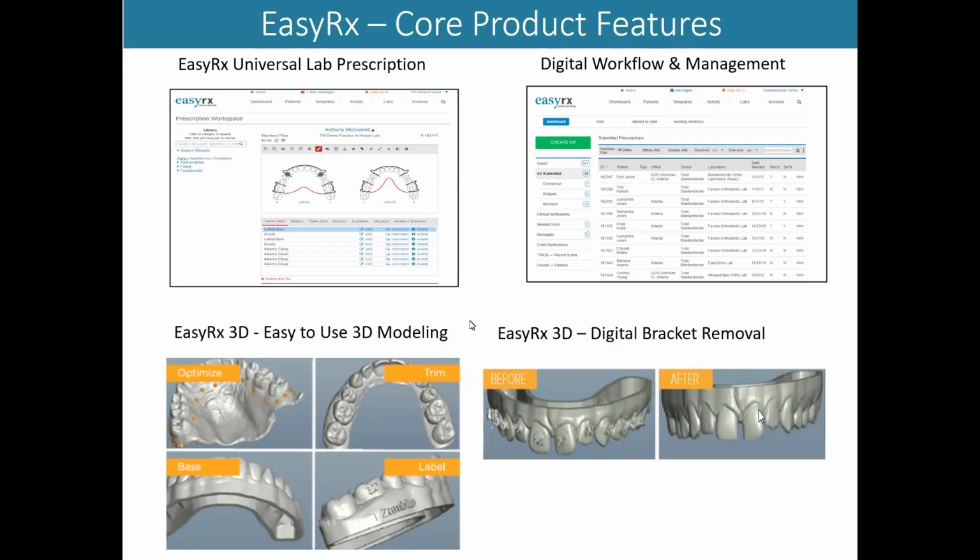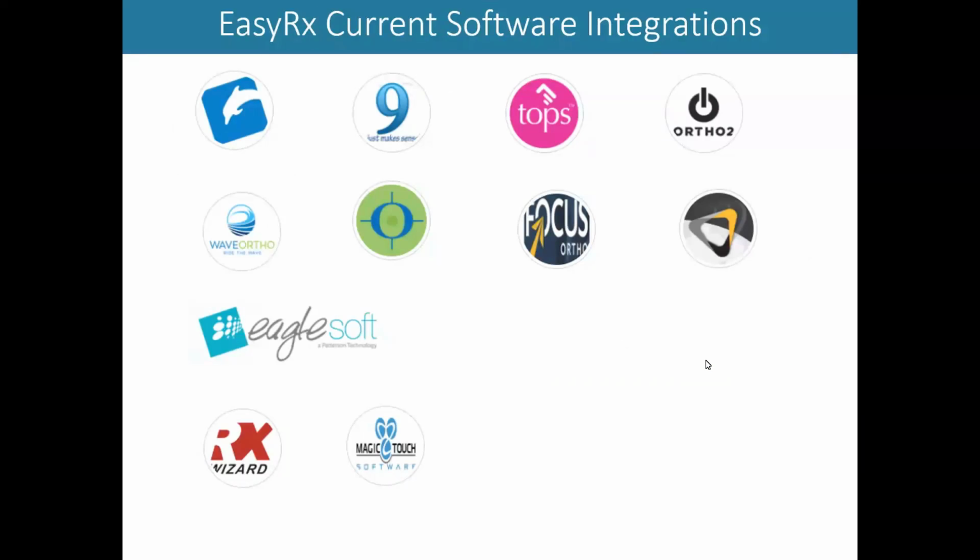We also have a really easy and powerful tool called EasyRx 3D that I think many of y'all are using that have joined, but figuring out how to use 3D software efficiently is not always an easy task. So we developed software to help you and your staff take an open shell STL to a printable model, in minutes. And we've actually added a digital bracket removal software, and we have an AI version that's really powerful. So again, if y'all would like to take a deeper dive into those, we can after the webinar.